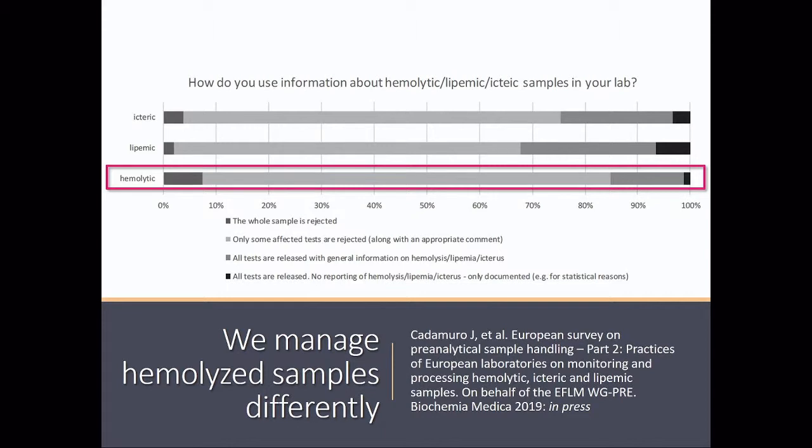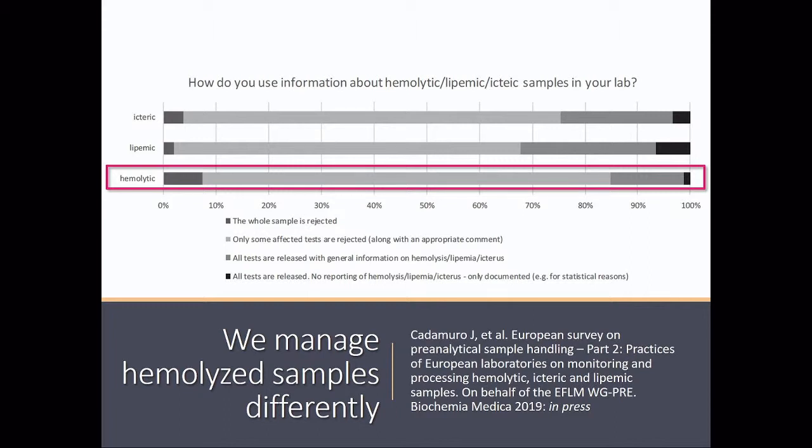And luckily, only a minor proportion of laboratories reject the whole sample. That was nice. The majority of laboratories actually reject only those tests which are affected, which was great, and they release an appropriate comment. However, there is a proportion of laboratories which would release all results with just the general information about sample hemolysis.